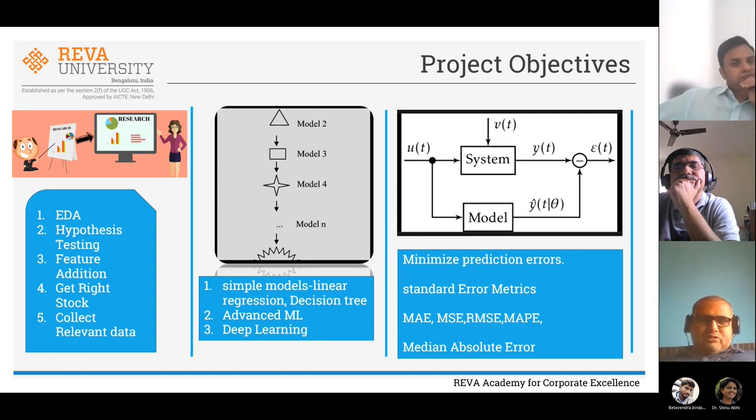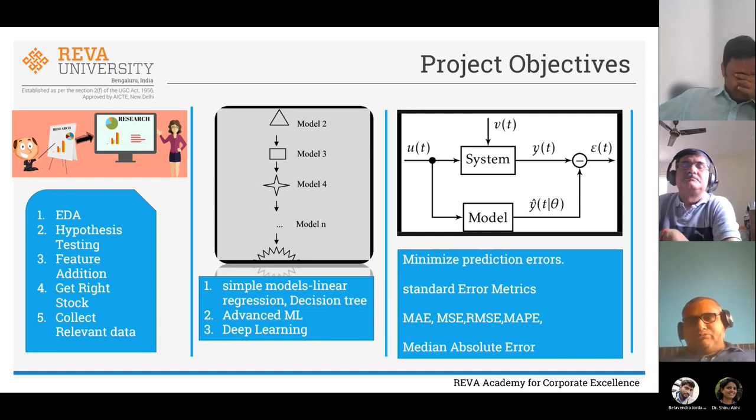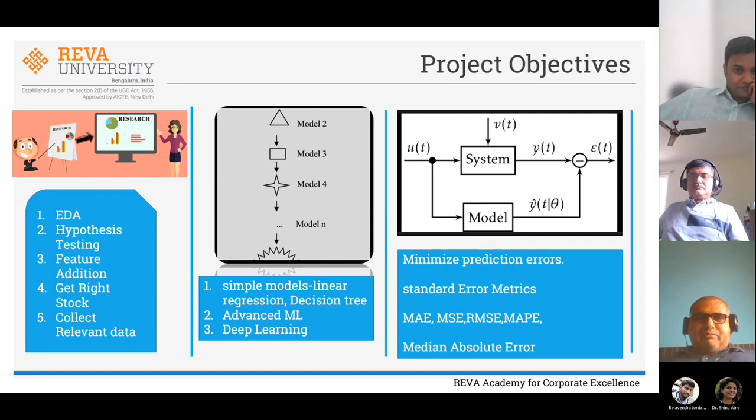Those things have to be taken into consideration while choosing the right stock for running modeling algorithms. Once we have chosen the right stock data, we'll go on to the different modeling perspectives. We'll start with simple modeling, then go to complex modeling, and then we'll have error metrics which will decide how efficient our data modeling techniques were.